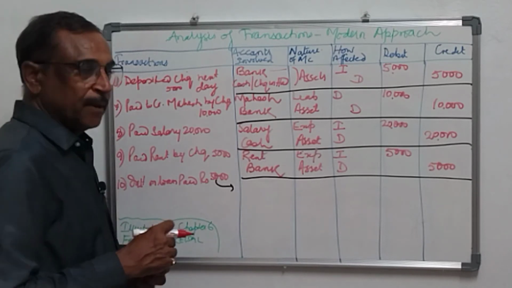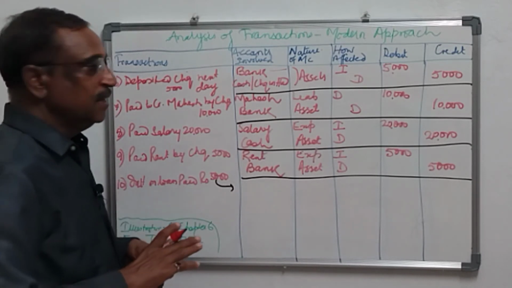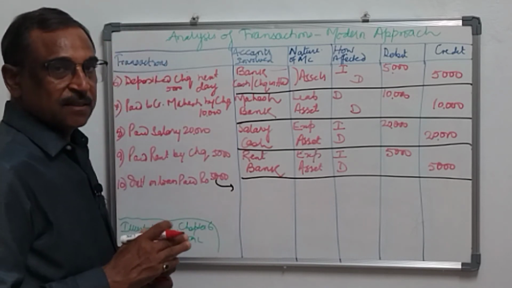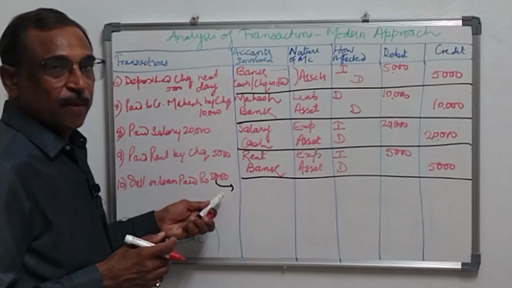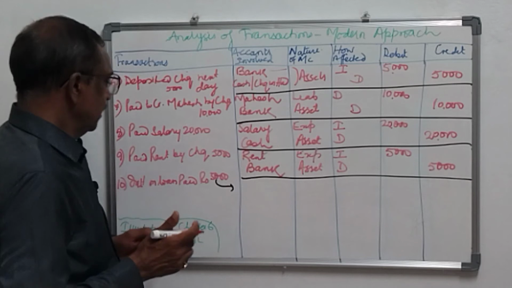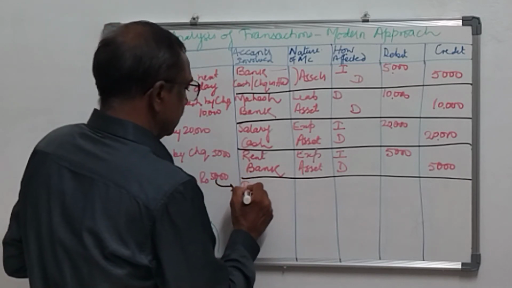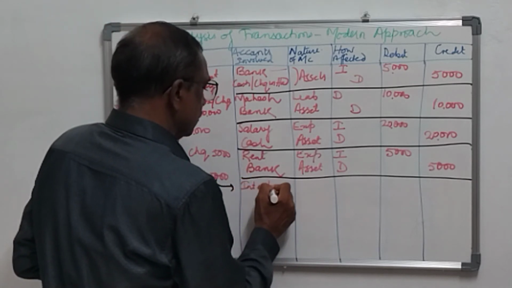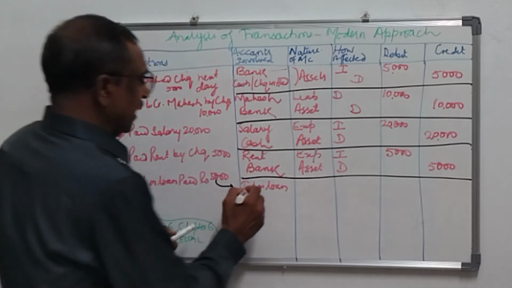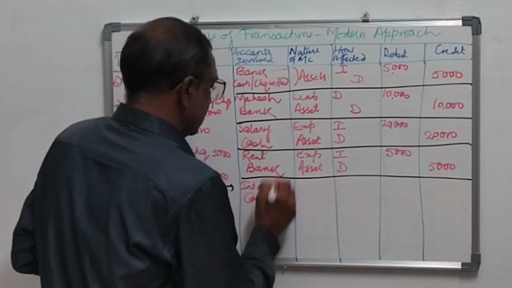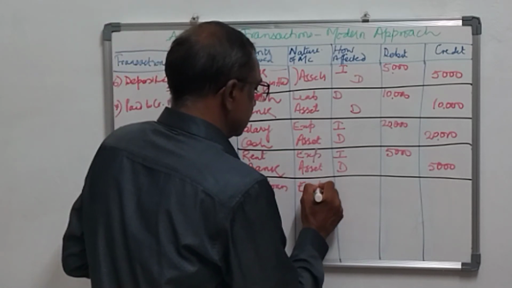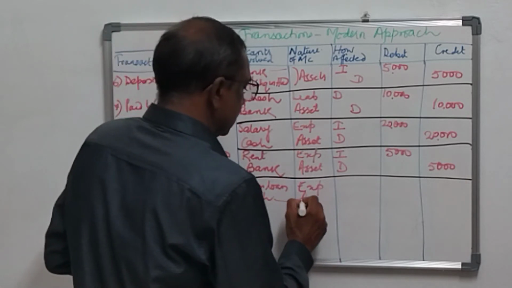Interest on loan paid rupees 5,000. Your business must have taken a loan some time back. Now the interest due is 5,000 and that is being paid by you. So interest on loan is involved and you are paying in cash. Interest on loan is your expense and cash is your asset.